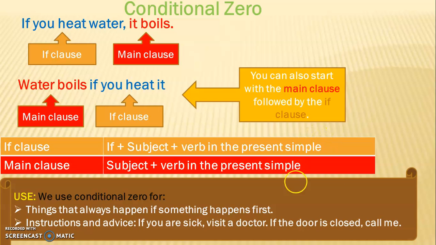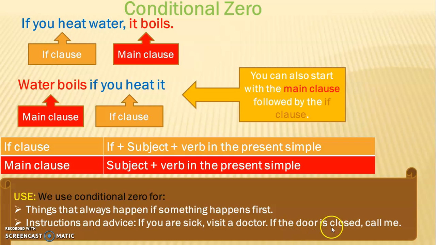At the end of the explanation, in brown, we have when you use the conditional zero, in what situations you can use it. It is for things that always happen if something happens first, as a general condition, and for instructions and advice. If you are sick, visit the doctor.